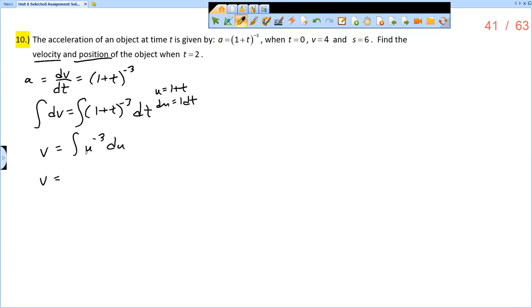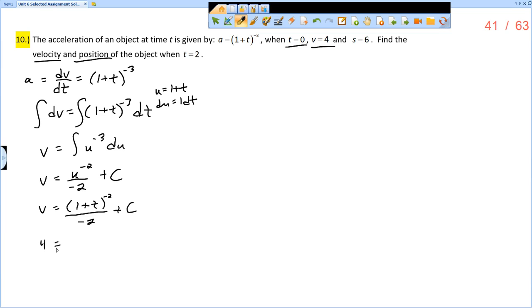So v is equal to the integral of u to the negative third, which would be u to the negative second over negative 2 plus c, but then we need to replace the u with 1 plus t. So v is (1 plus t) to the negative second over negative 2 plus c. Now I have the general solution for v, but we want the specific solution. So I want to use the fact that when t is 0, v is 4.